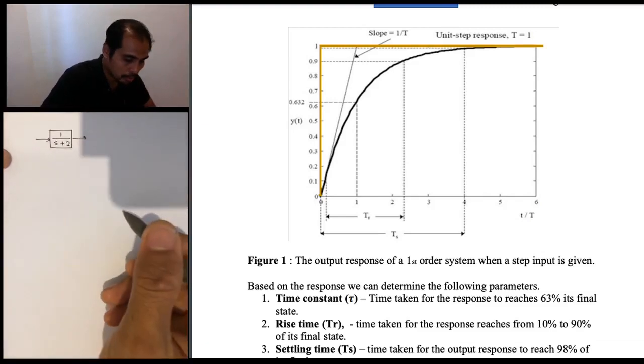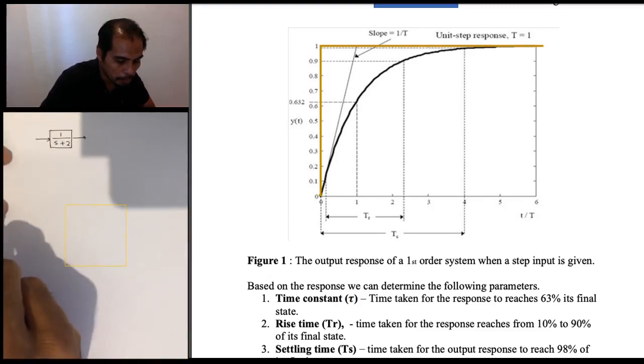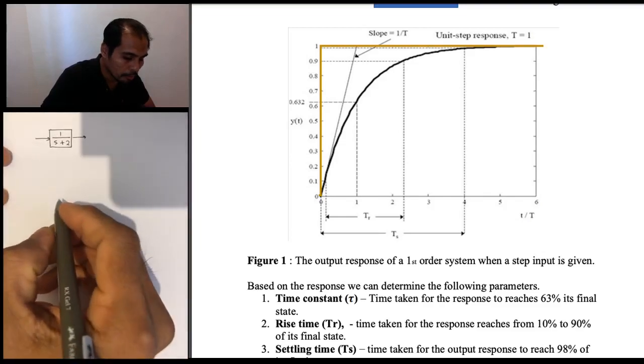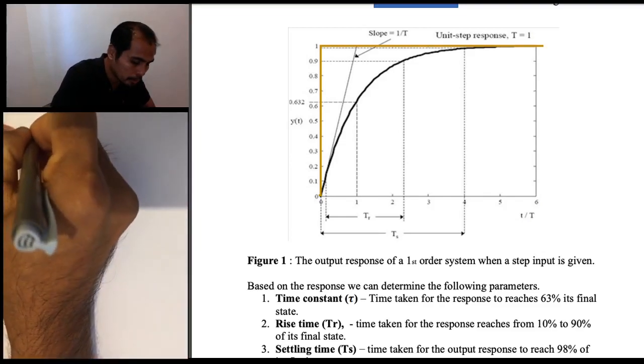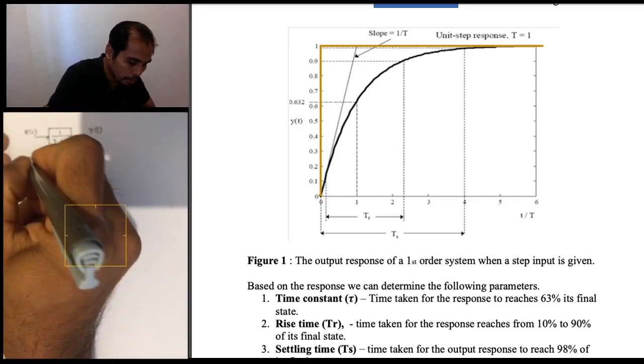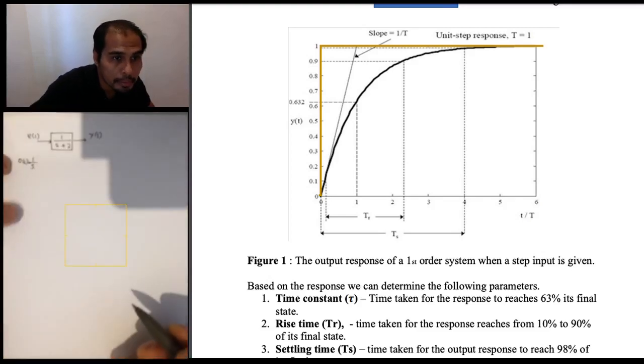So we know that based on my previous lecture, the first step we have to determine what's the input. Let's say the input is a step input, 1 over s, right?